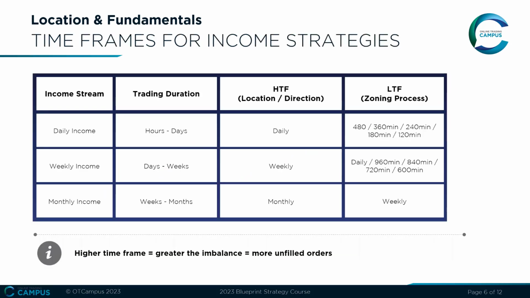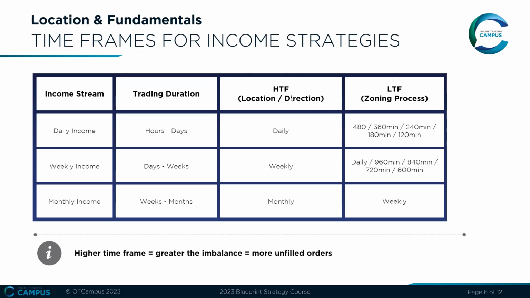And then here will be your higher time frame and lower time frame categories for each of those income goals, income strategies, or here we'll call them income streams. So if we're looking for daily income, then again, those are trades that last maybe 4 hours or a couple of days.